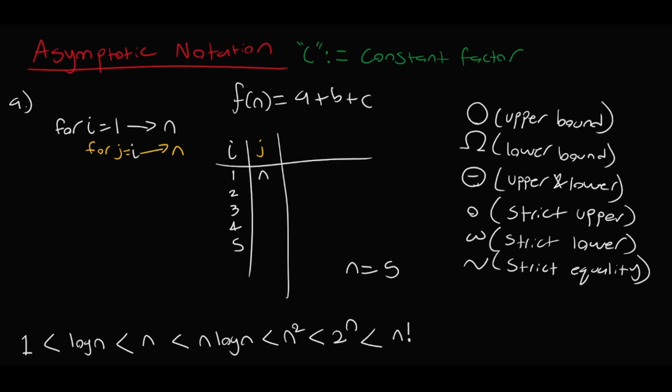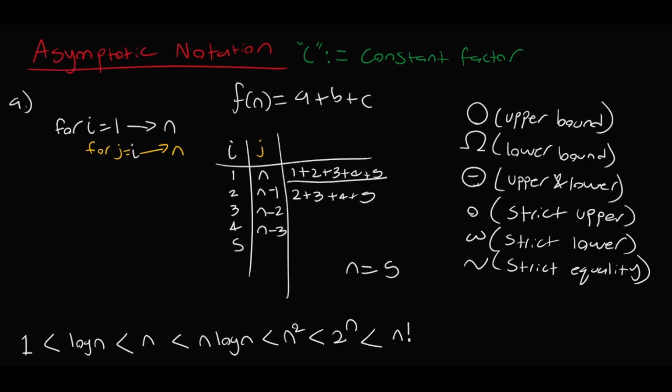Let's say this performs some addition, so it would be 1 plus 2 plus 3 plus 4 plus 5. We just run this many times. The next one would be n minus 1. As we start with i is equal to 2, we get 2 plus 3 plus 4 plus 5, and so on.